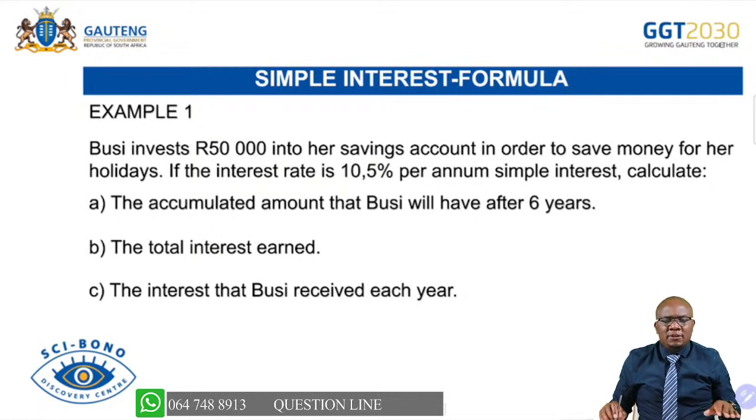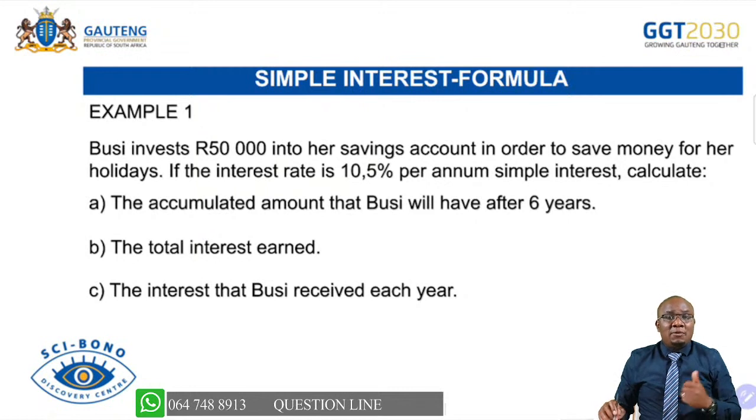Read the information, go to the questions, read the information again. And highlight if you can, or write them down. Just highlight the key points. If you can identify which one is your P, which one is your A, which one is your N, which one is your I. Okay, identify those. And also identify which one you are looking for.